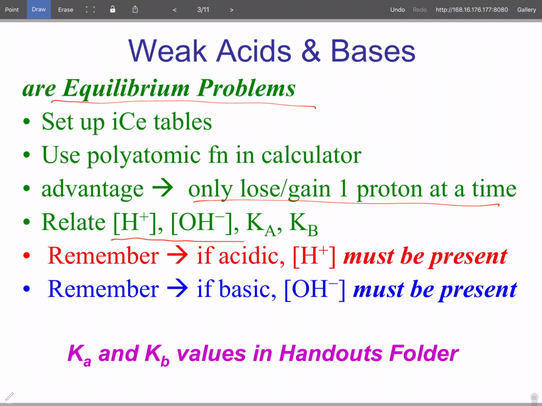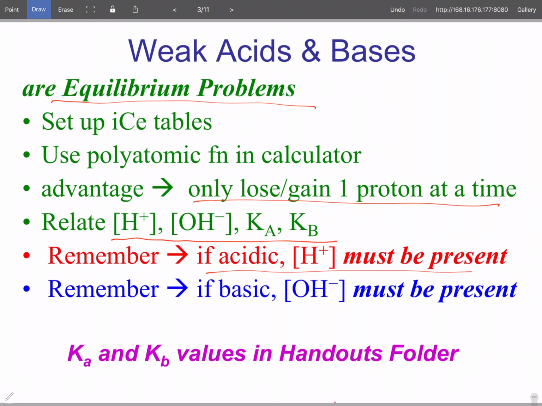And they're all interrelated. We talked about the H plus and the OH minus, how they're related to Kw. Same thing with Ka and Kb. So it's kind of a circular revolving door. Once you get one, you've got the other three. Now, the tricky part is we're back to the concept of who's got the proton.